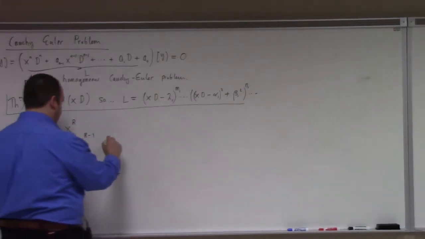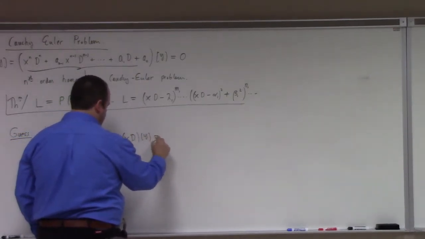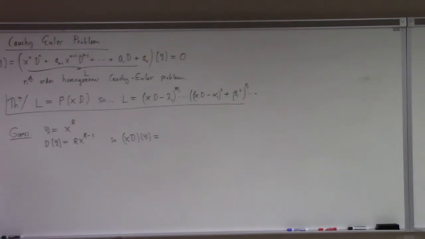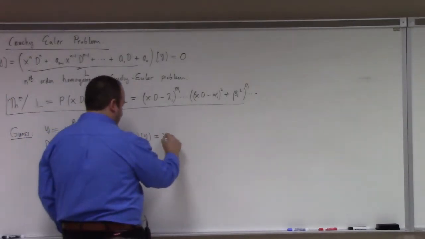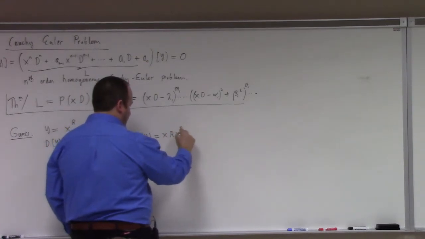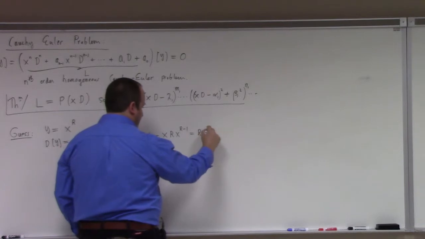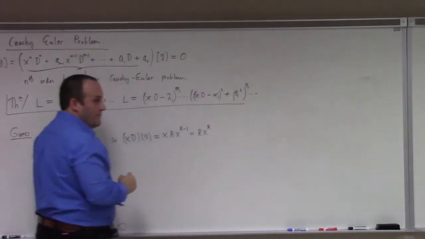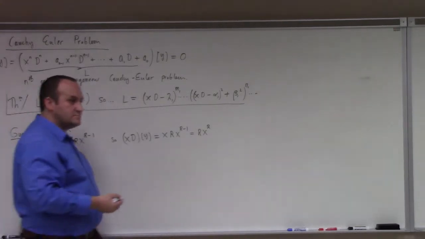So xd acting on y gives us x times rx to the r minus 1, which gives us rx to the r, which is, of course, r times y.